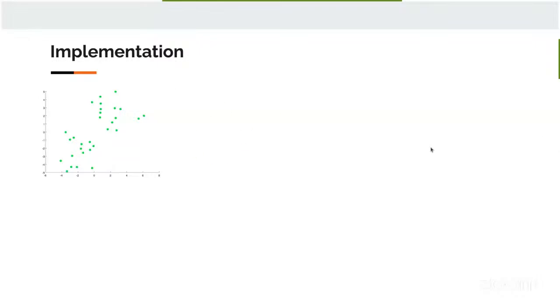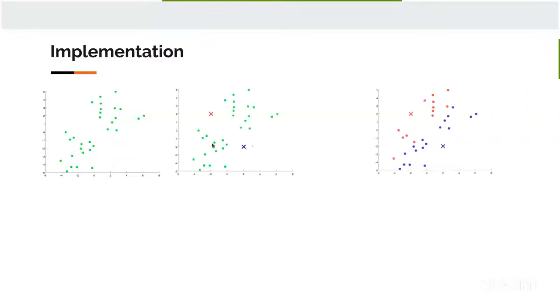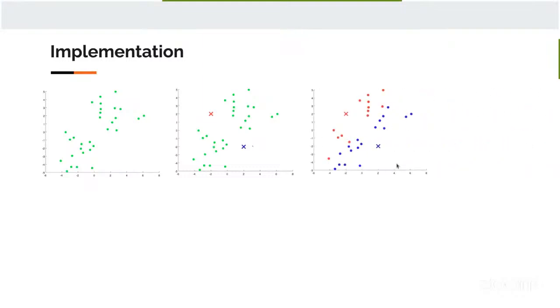Here I've decided to keep 2. I'm picking these 2 points as my centroids. Then if a point is closer to this one, I'll assign it as blue. If it is closer to this red point, I'll assign it as red. So I've assigned everything as red and blue.